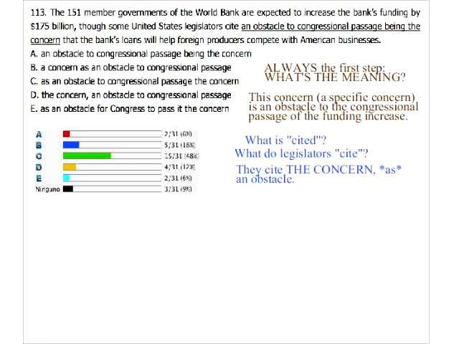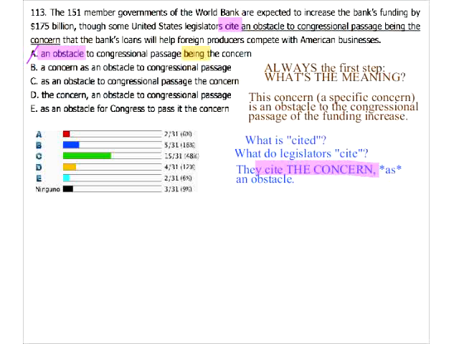So that's significant too. Because if you take a look at choice A, they cite an obstacle, that's not really the point. They cite the concern is what it should say. So we don't like that. There's also the idea that you don't want to use being as a modifier. We've never seen an official problem. There are official problems in which the word being is correct, but not as a modifier.